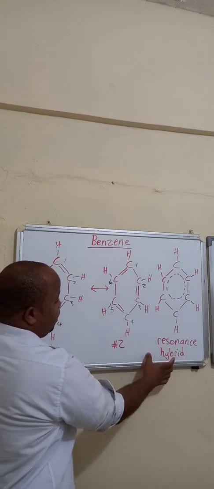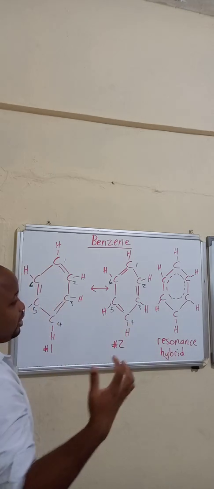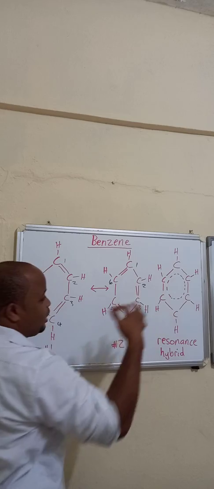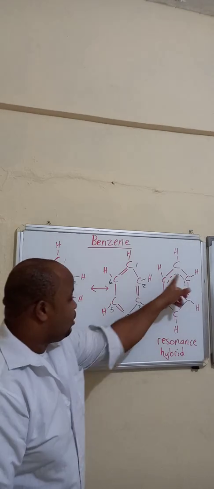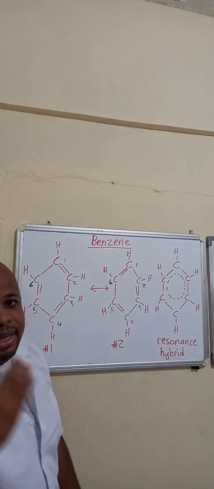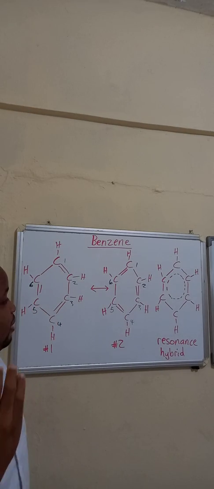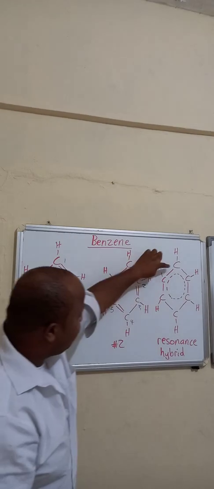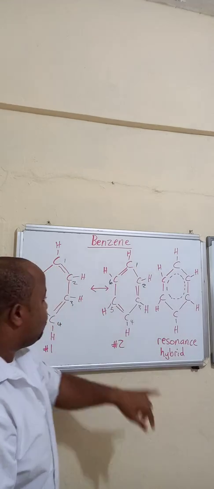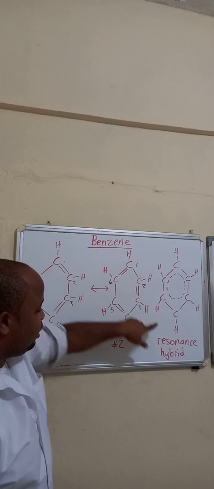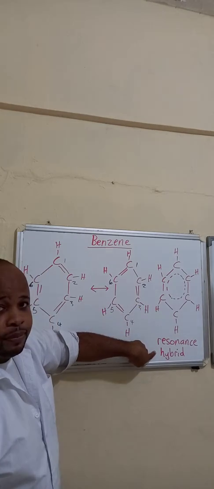So for benzene, when you look in the textbook, you see benzene with a circle inside of it. The circle is showing the delocalization of the electrons. If you look on the outside, they are all single bonds. You don't have any double bond in place in the hybrid structure.